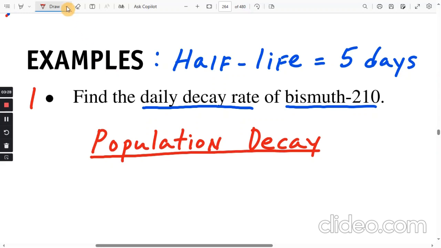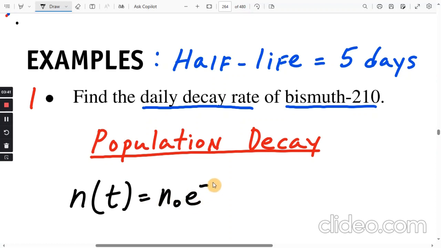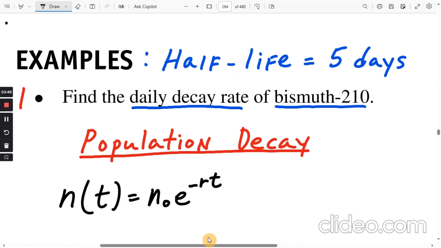It is the same as population growth in that it's N of t equals N sub 0 times e to the negative rt. Instead of positive rt, since we're doing decay, it's negative rt.